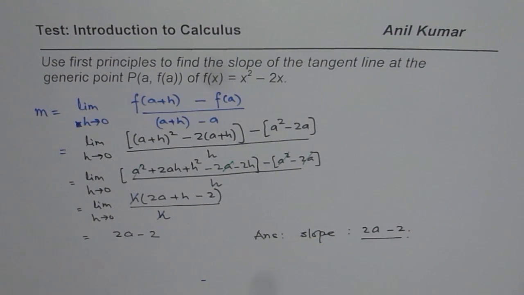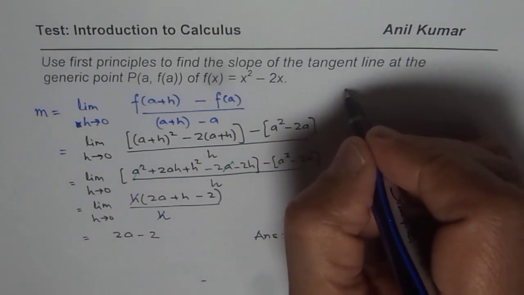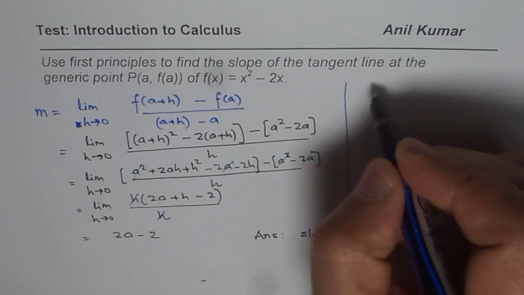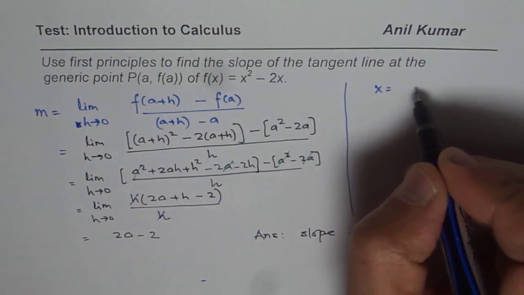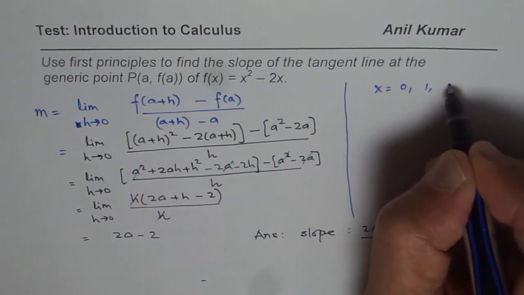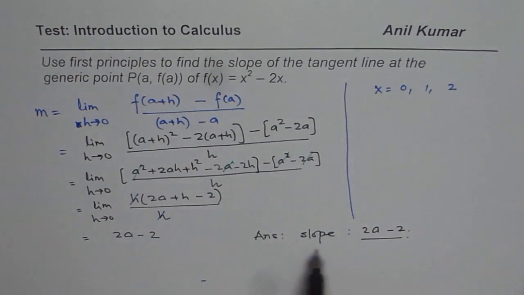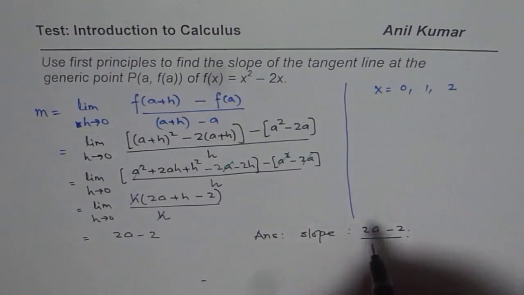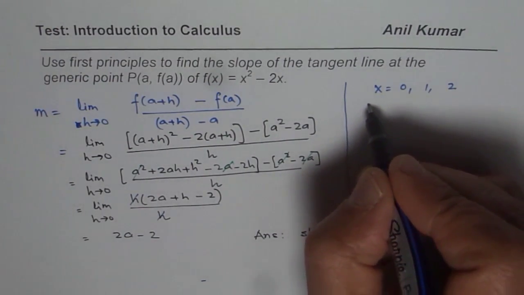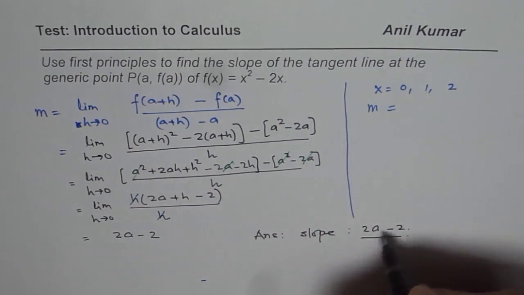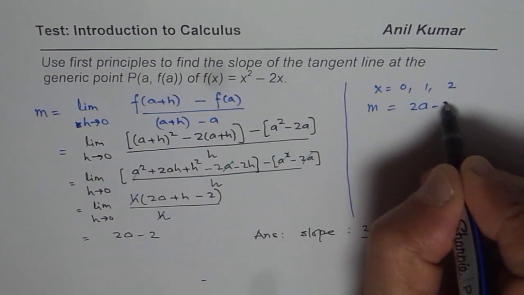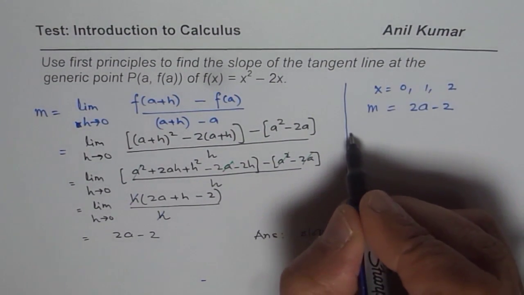I hope that helps. And this is very useful. If I extend the question and I say find the slope at x equals, let us say, 0, 1 and 2, then what you need to do is just substitute these values here. So you know slope in general for any point a is 2a minus 2. Then at 0, how much will it be?